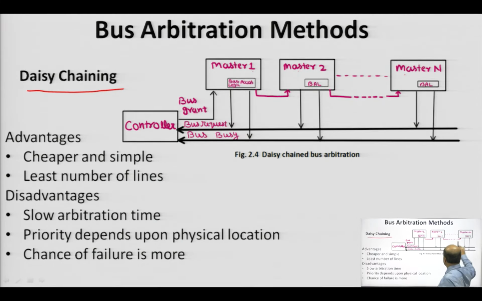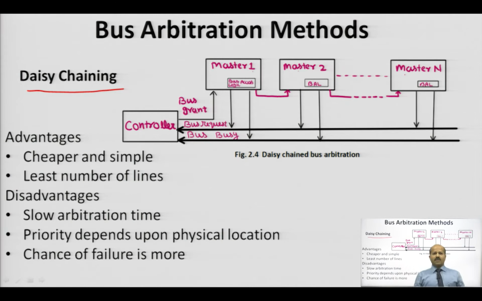The common line is used to connect all the masters, and they can put their request through a bus request channel. If they get the bus, hold the bus and transfer their data, they can inform the controller that the bus is busy through a bus busy line.